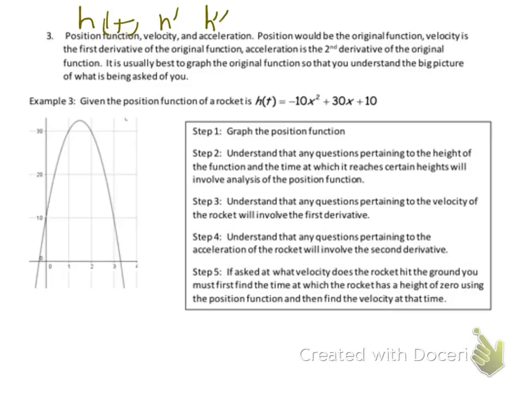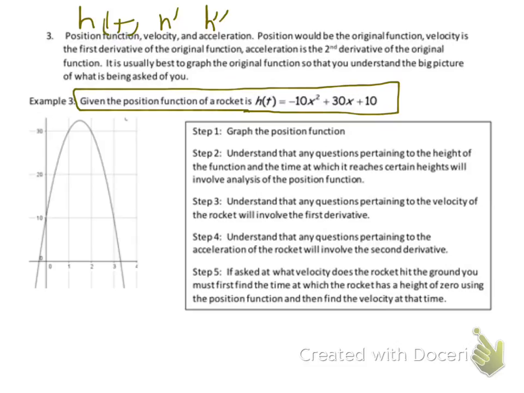Position is the original function, velocity is the first derivative, and acceleration is the second derivative, all typed out for you here. Your best bet for understanding these position functions is to first give yourself a sketch. So this is my h of t, here's my time, here's my height.